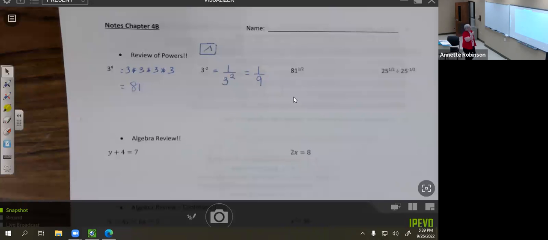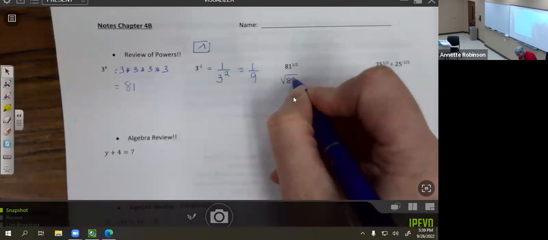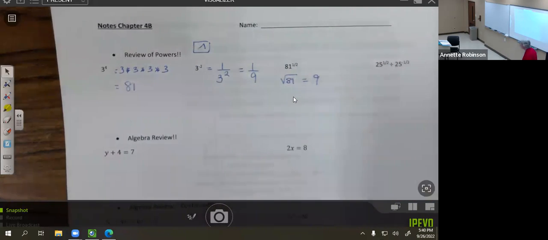Right, so now a 1/2 exponent really means the square root. Now you can put it in your calculator as 81 raised to the 1/2 power. But it's the same thing as asking you for the square root of 81. And the square root of 81 is 9.